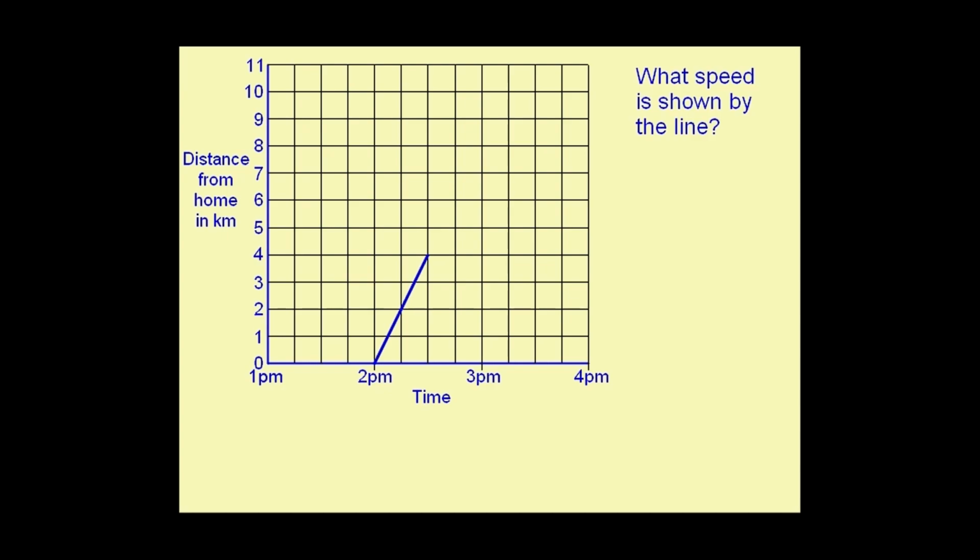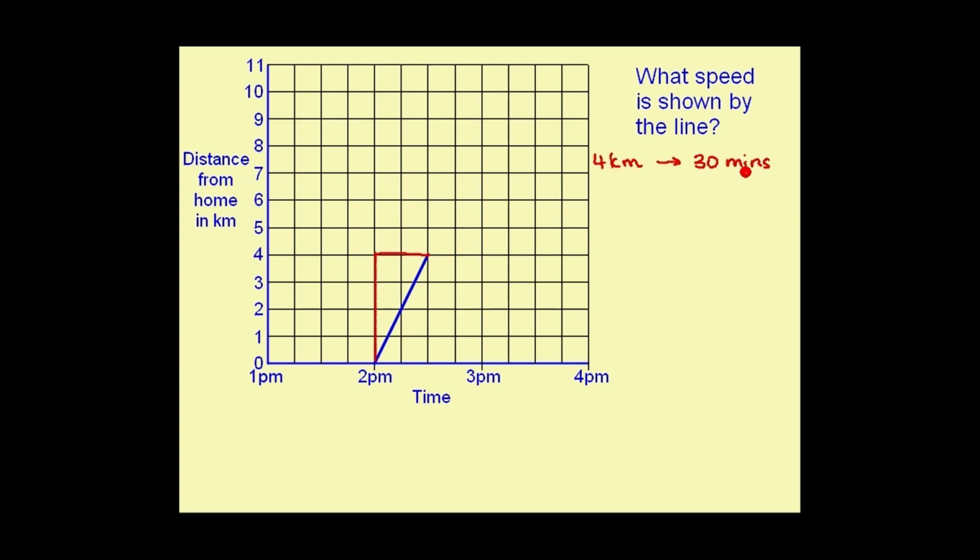Now it's important to realise that you don't actually have to travel for a full hour to get a speed in kilometres per hour. This line shows a journey that only lasts for half an hour, and in that time it goes 4 kilometres. So we have 4 kilometres in 30 minutes.